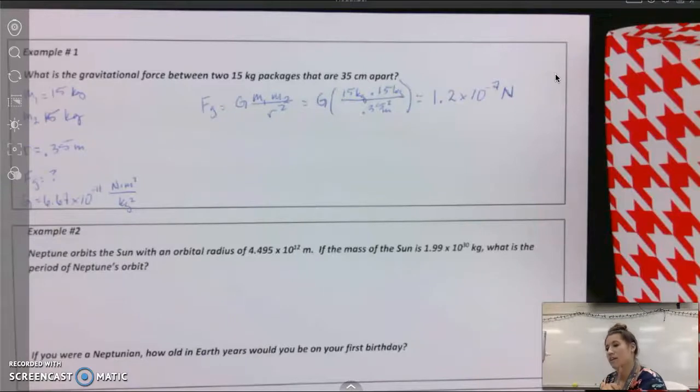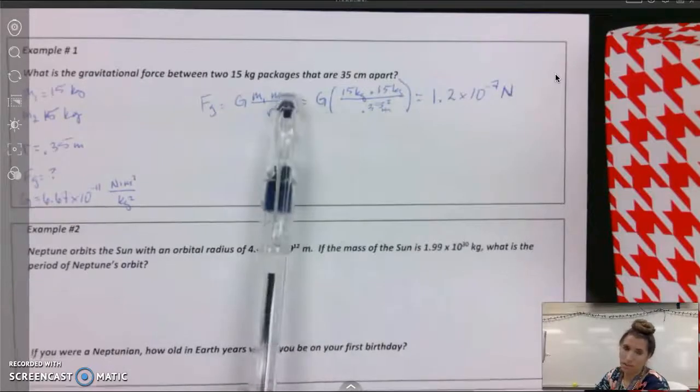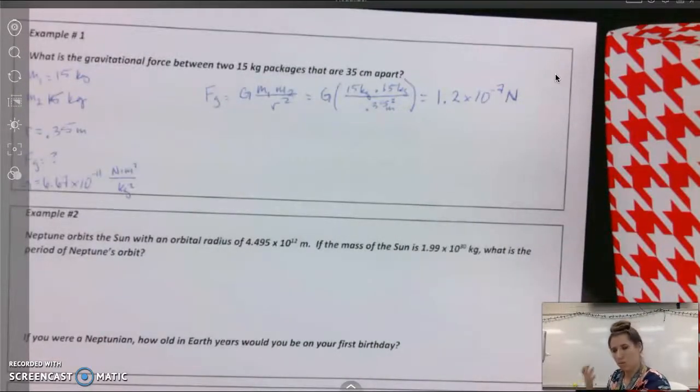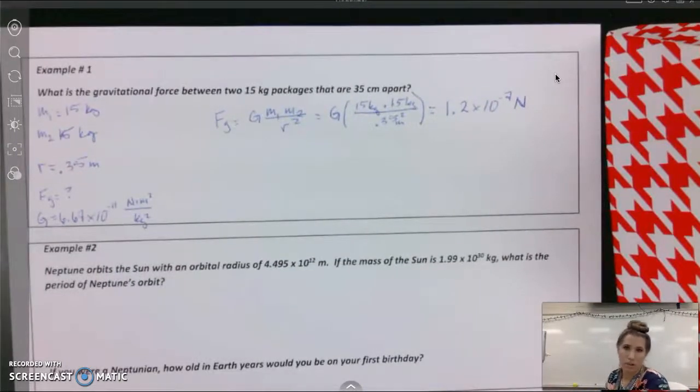But gravity, in general, is a weak force, and we need something really massive to cause any substantial, noticeable force. Two items at 15 kilograms, compared to a planet, are a relatively small mass, so it's an extremely small force.